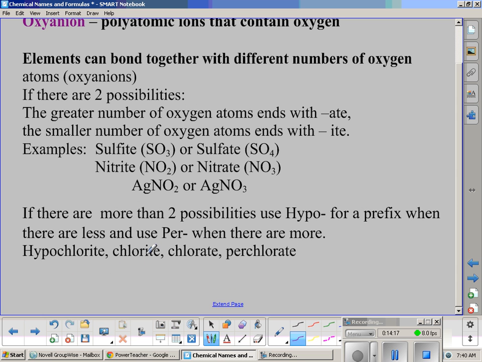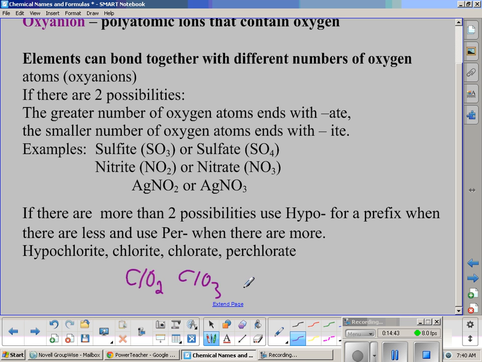Here we have a chlorite and a chlorate, and we have a perchlorate. If there's more than 2 possibilities, there's probably going to be 4. So why don't I start with these? ClO2 is a chlorite. ClO3 is chlorate.